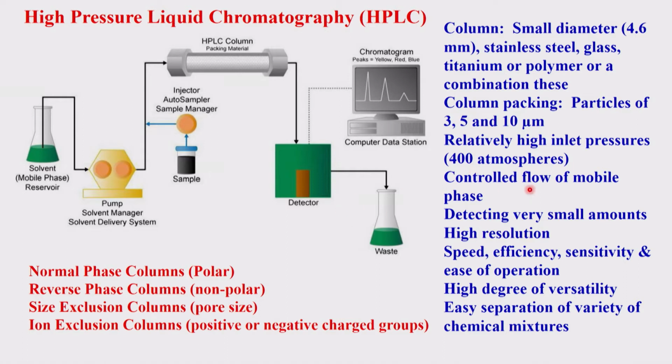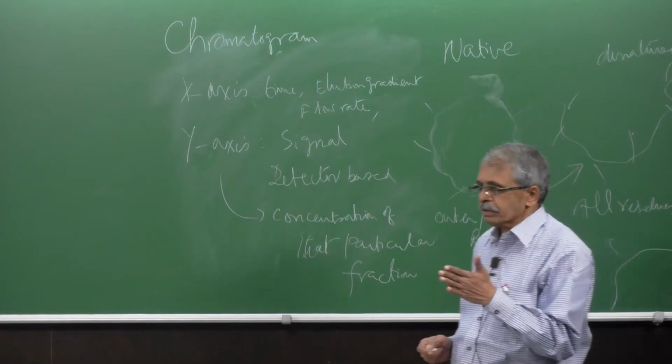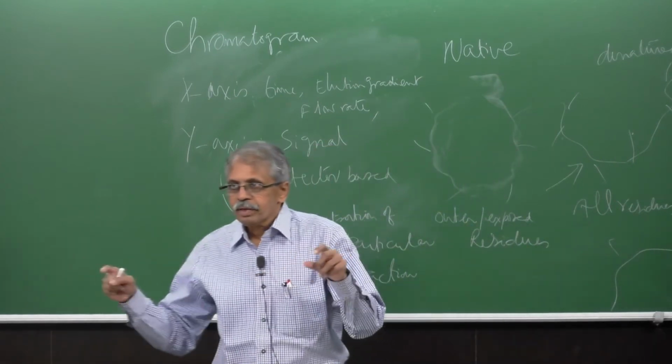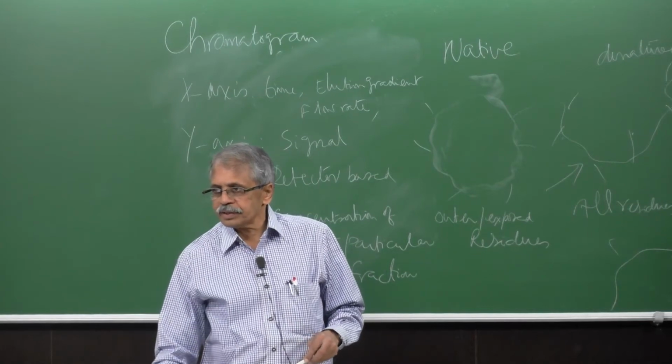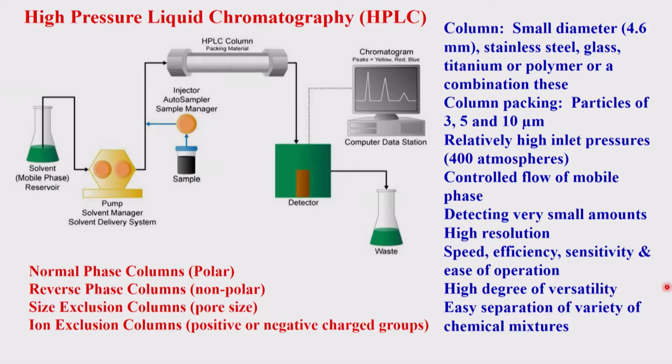So, continuous controlled flow, detecting very small amounts, higher resolution than the LC, speed, efficiency, sensitivity and ease of operation. Because you are pushing the liquid very fast, you can also make it better, but of course, the separation is done more by your column. The column size, column length can also be adjusted. So, high degree of versatility, easy separation of a variety of chemical compounds as compared to LC.